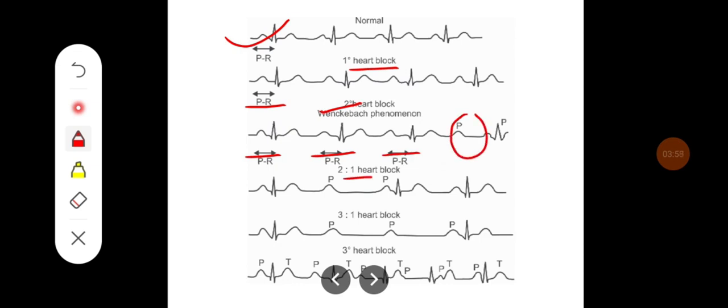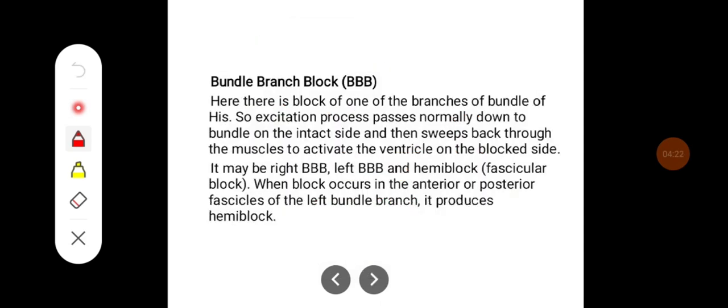In incomplete heart block, there is 2:1 block. After 2 P waves, there is the appearance of a ventricular complex. In 3:1 block, after 3 P waves, there is the appearance of 1 QRS complex. And third degree heart block is total AV dissociation, that is, there is no relation between atrial and ventricular contractions.